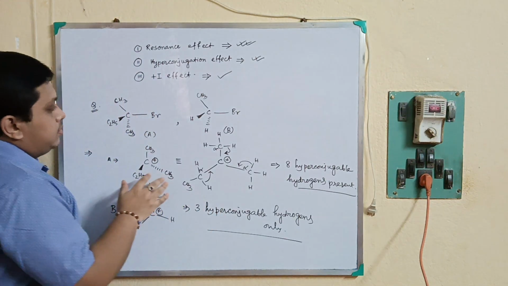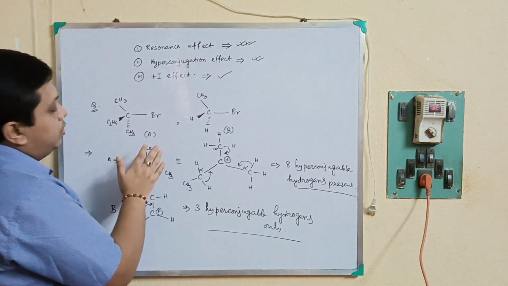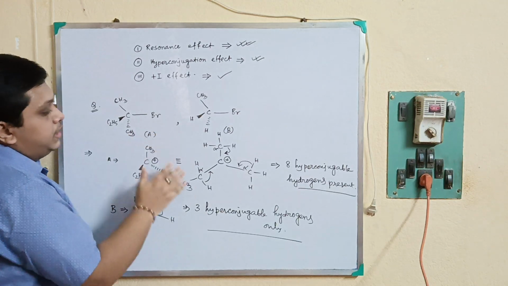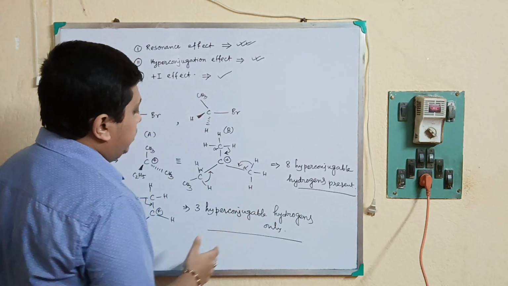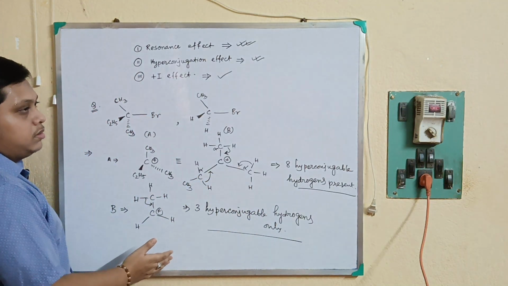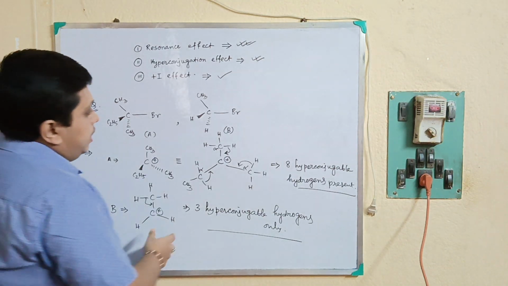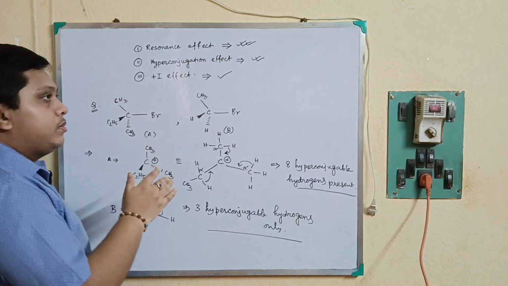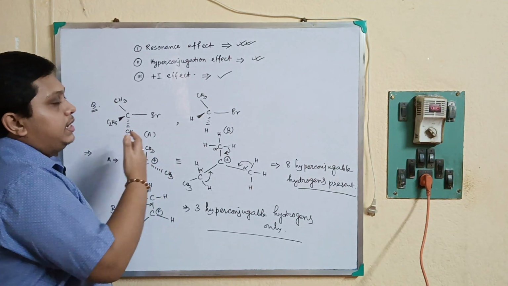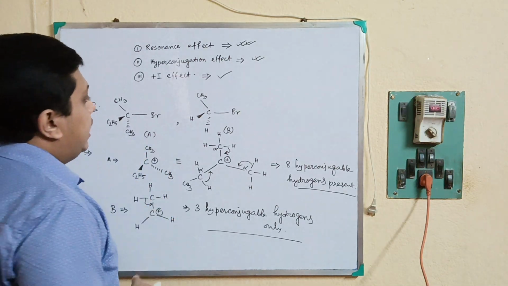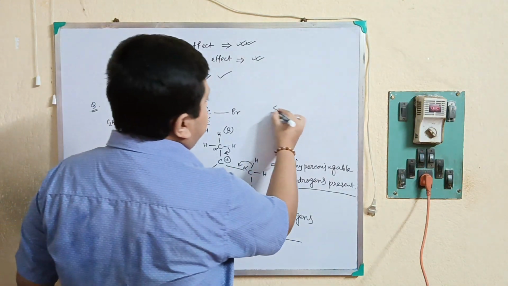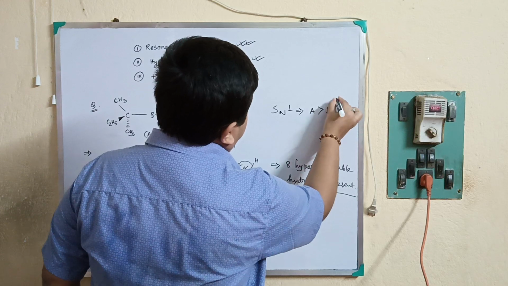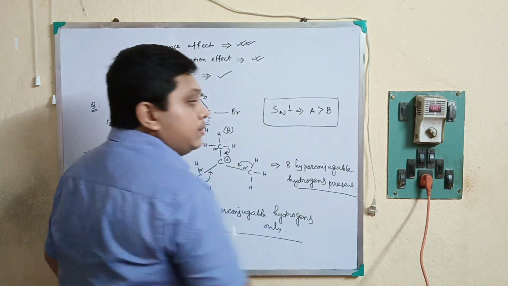So, in this concept, the carbocation formed from the substrate A will be more stable than the carbocation from B. Hence, we can say that A will be more effective in giving SN1 reaction than B. So SN1 reactivity order will be A greater than B. Thank you.